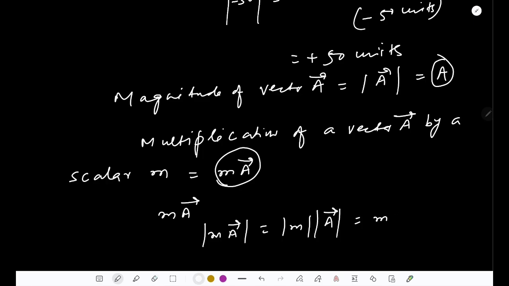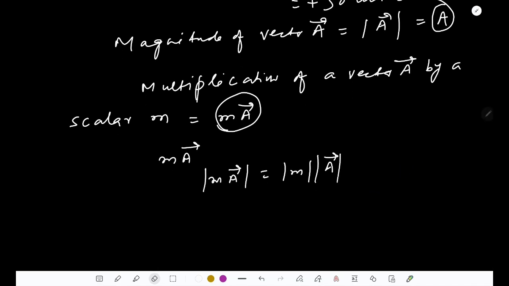But if m is negative, it means simply that the vector MA has a direction directly opposite to vector A. That means if you have a vector A like this, and you have multiplied it by a scalar m, and m is negative, I don't know exactly the magnitude because it will depend on the absolute value of m. But MA is going to be directly opposite to that of vector A.